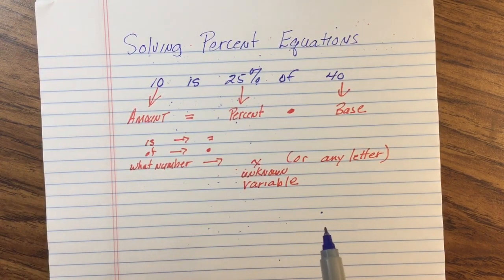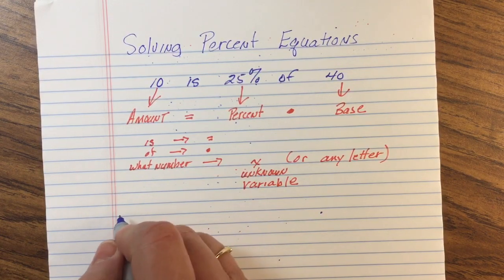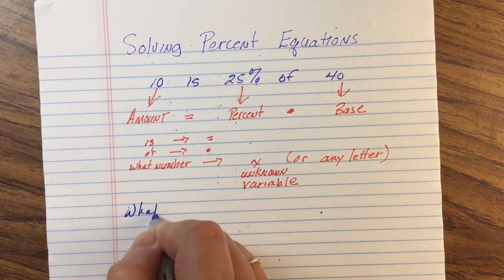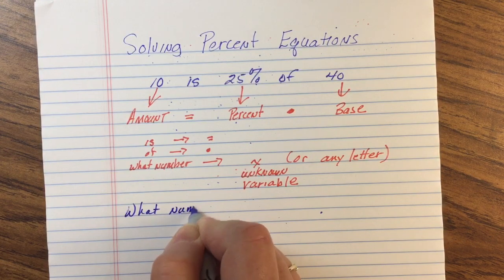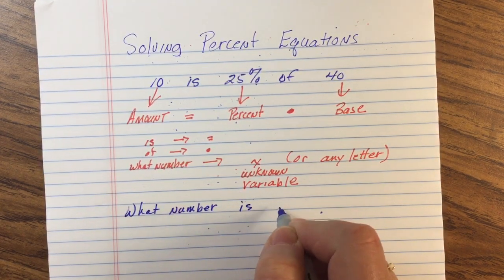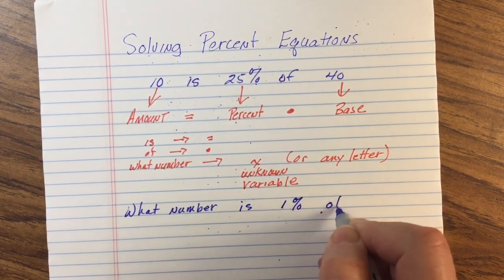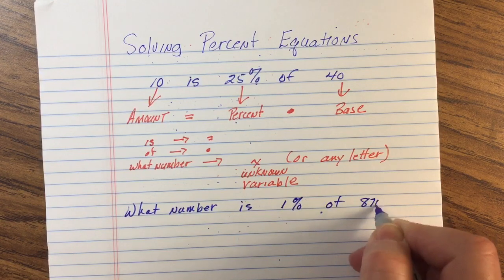So let's look at a situation where we are finding the percentage of a number. Here's an example. What number is 1% of 8,700?